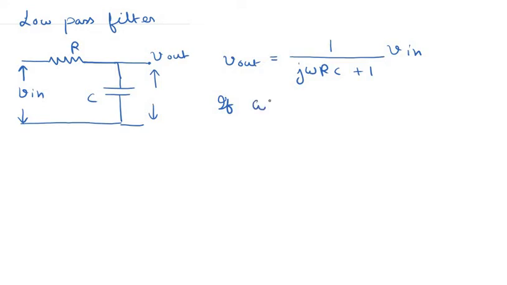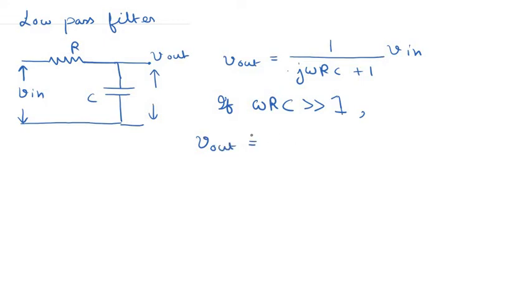Under the condition that omega RC is much greater than 1, this denominator becomes approximately j omega RC, because this 1 here can be neglected with respect to this j omega RC here. So if omega RC is much greater than 1, then this denominator becomes approximately j omega RC.